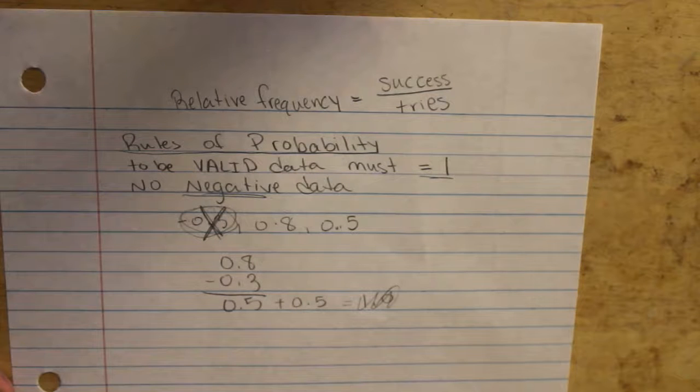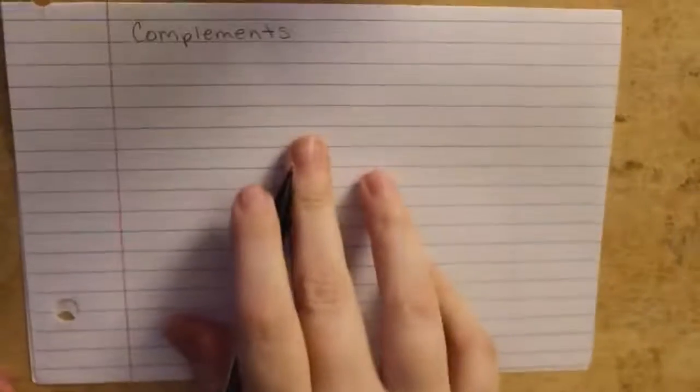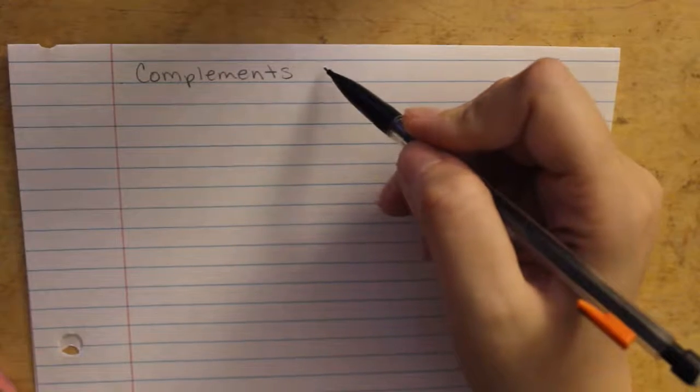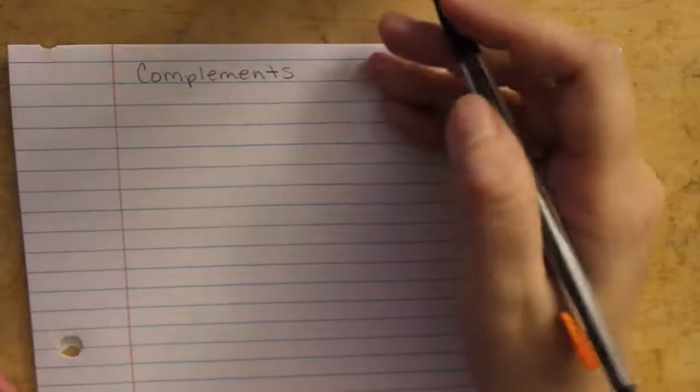Okay? Now, another thing I want to talk to you guys about is complements. And I know there's a lot of these here. So I'm going to fold my paper over real quick, and we're going to talk about complements in data. Now, do not get confused with that word and think, oh, I have to make it add up to equal 90 degrees. This is a complement when it comes to data.